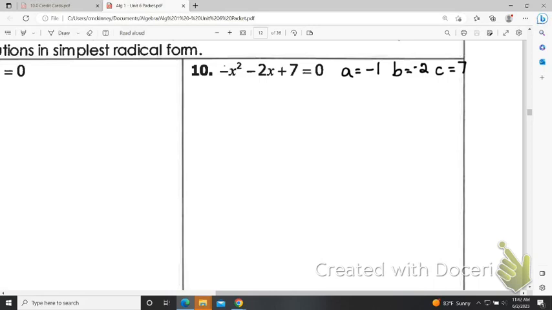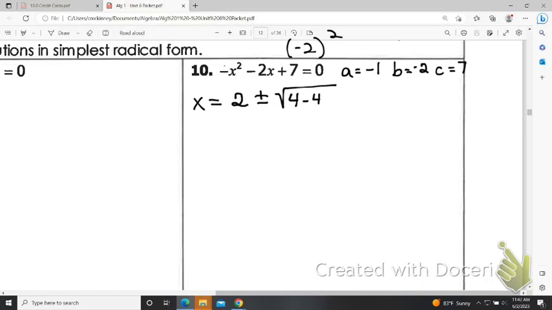So here we go. X equals negative b. So the opposite of negative 2 switches that to positive 2. Plus or minus, and then my square root, b squared. Negative 2 squared becomes positive 4. If you're using the calculator, be sure you're putting it inside some parentheses. But we know signs are the same, answer's positive.